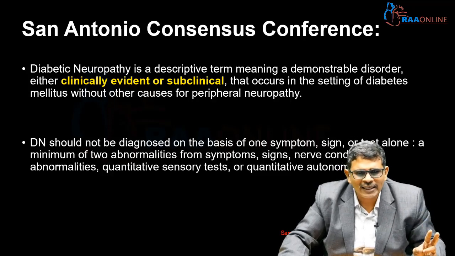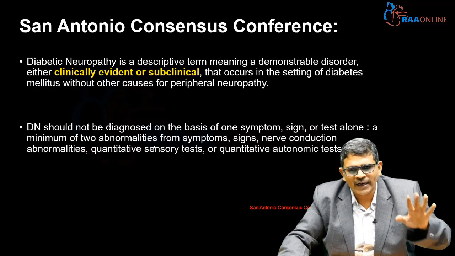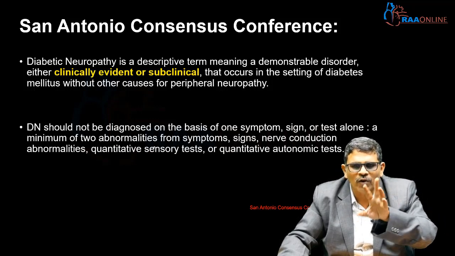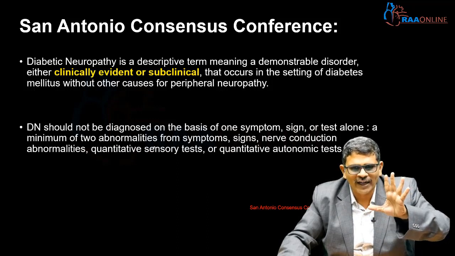There should be at least a minimum of 2 abnormalities from symptoms, signs, nerve conduction abnormalities, quantitative sensory test or quantitative autonomic test. Whatever tests we do, there should be at least 2 tests for us to tell that the patient has a neuropathy. That is very important.